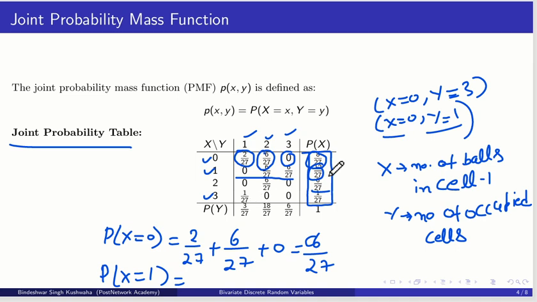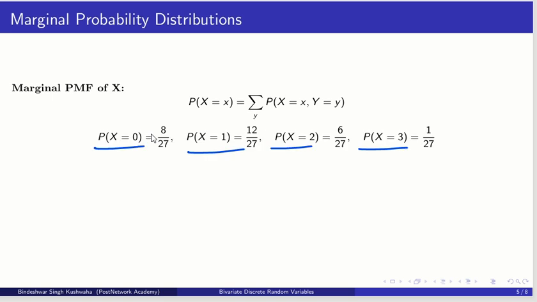Marginal, you can say from the joint probability. This one is the marginal mass function of X. There is no Y involved. The same way for Y we will add these values vertically, so this would be the marginals of Y. So let us see how we have calculated here.